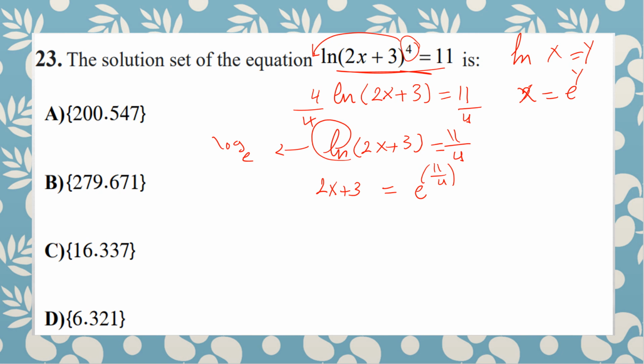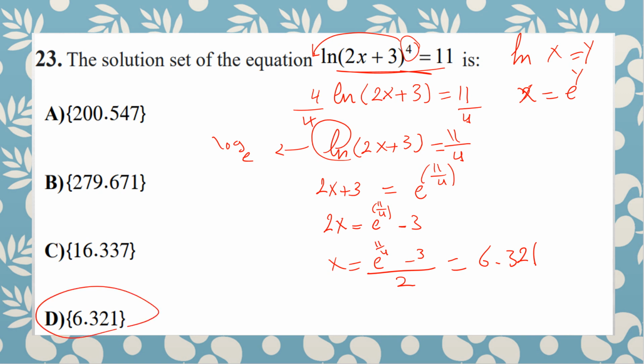So 2x equals e to the power 11 over 4 minus 3, so x equals (e to the power 11 over 4 minus 3) over 2, and this equals 6.8321. So the correct answer is D.